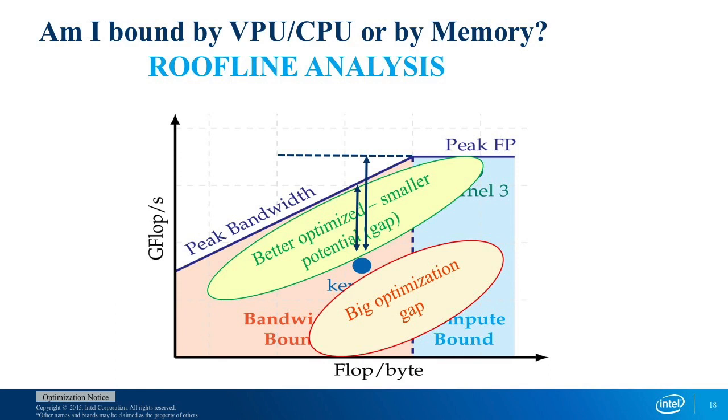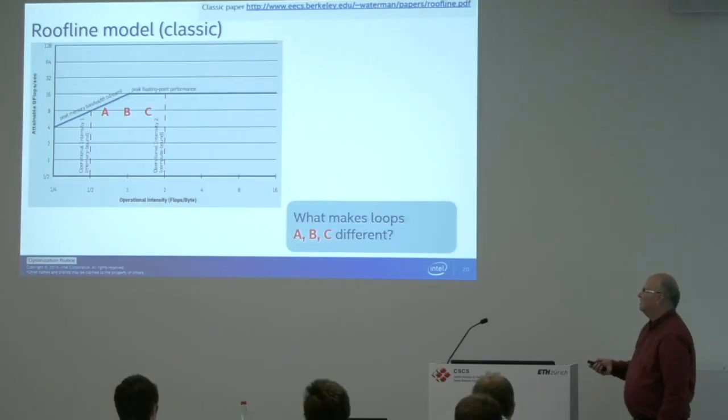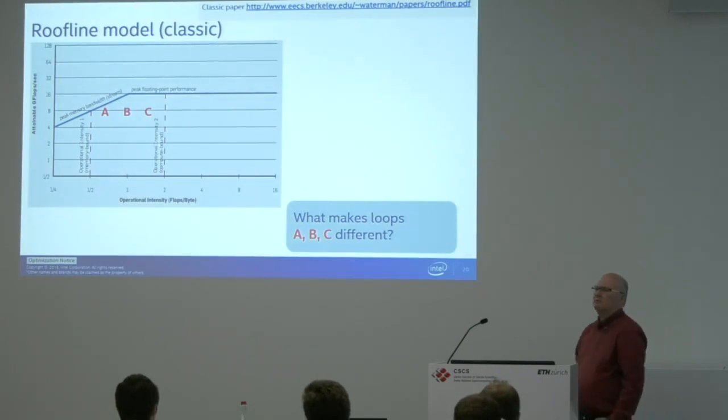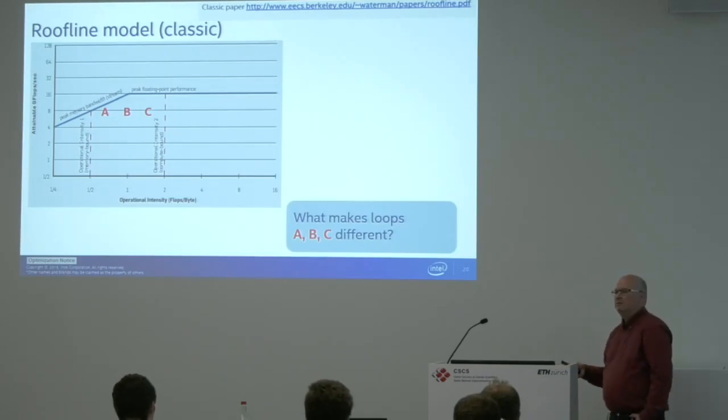So the concept overview, the classic roofline. I have had a little look into the paper. The difference is that in previous times you were taking the operational intensity, which is how many flops you can calculate with each byte from DRAM. So here it really depends on the DRAM. And the problem is when you change the size of the data set, the amount of data from DRAM might change.